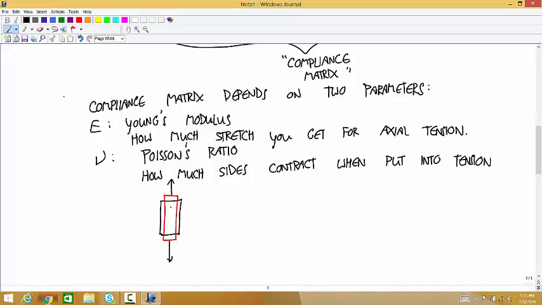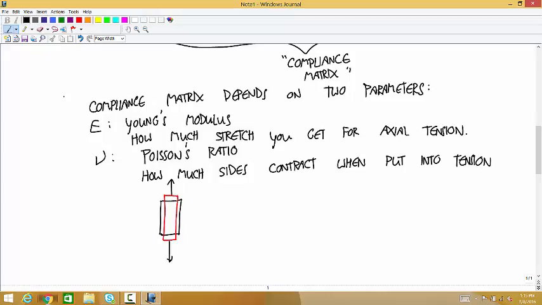So the tension is going to make it get longer in the direction of the axial force, but there's going to be a corresponding contraction in the other direction, and it's not going to preserve volume. That might be your first thought. In some materials it will, but in most it won't.